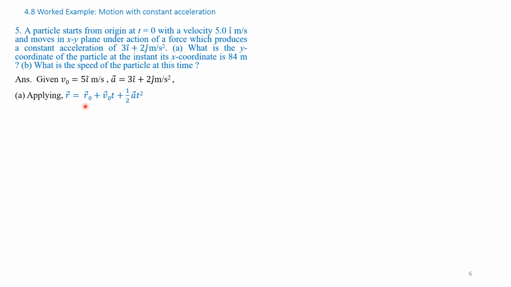So r naught is 0 here because it starts from origin. Therefore, r is given by V naught t plus half a t square. Substituting the given values of V naught and a, we get r is equal to 5t i plus half 3i plus 2j into t square. Therefore, rearranging the coefficients of i, we get r is equal to 5t plus 3 by 2 t square into i plus t square.